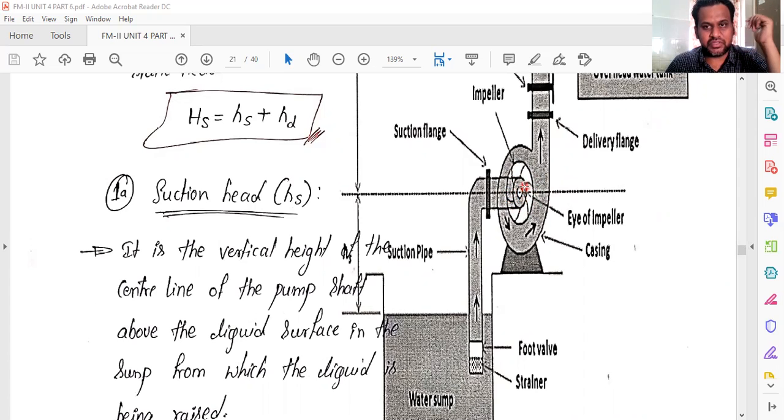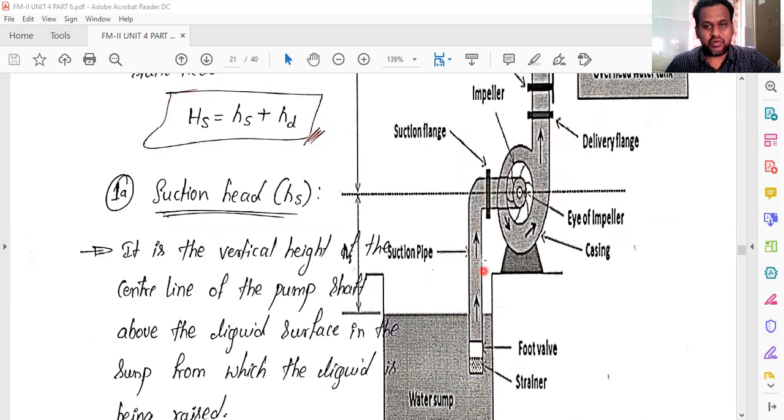That centrifugal force is nothing but the force that pushes the air away from the center. Once the air goes away from the center of the impeller, which is called the eye of the impeller, a suction or negative pressure is created. That is nothing but the suction pressure, and it sucks the water from your water sump.